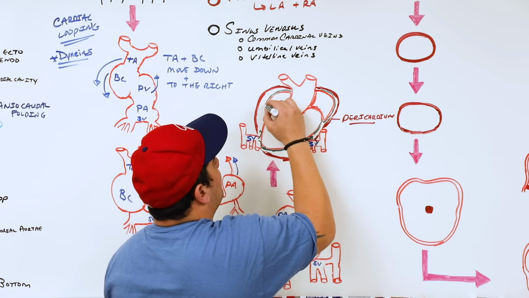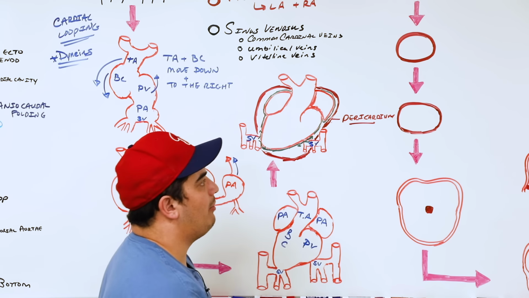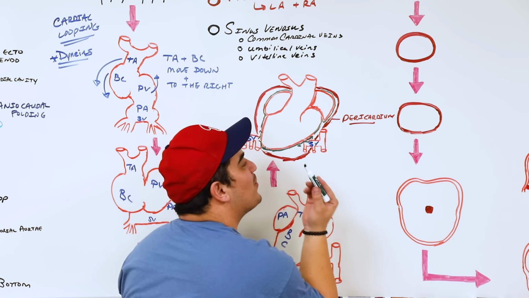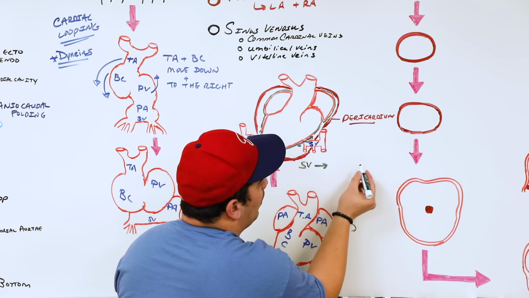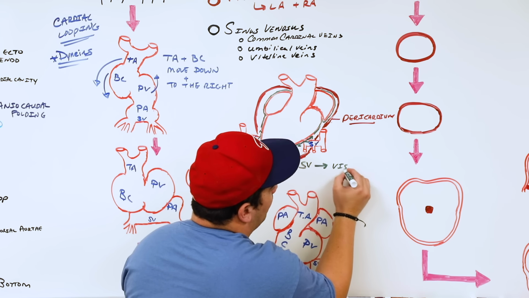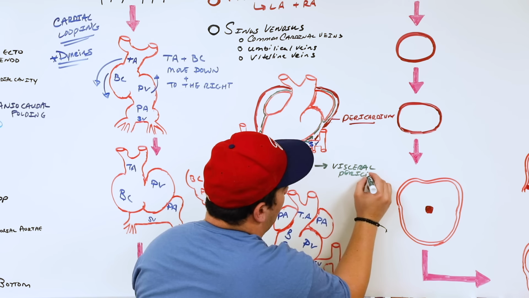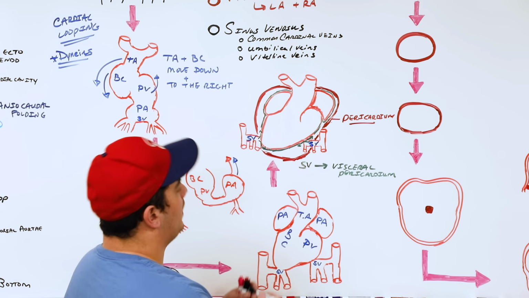And as it forms around the heart, you start to get this layer underneath the pericardium. What do you think this is called? That's called your visceral pericardium. So the sinus venosus is giving way to what structure? The visceral pericardium. All right. One more thing that I also think is important.